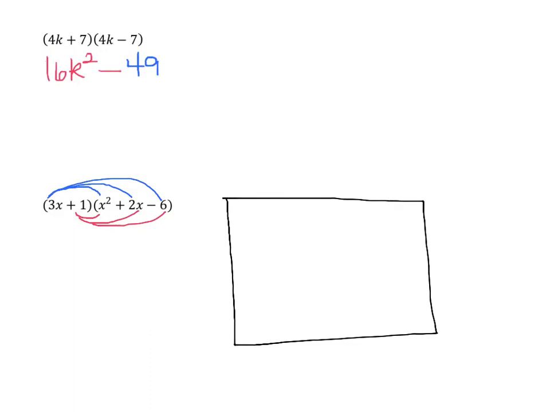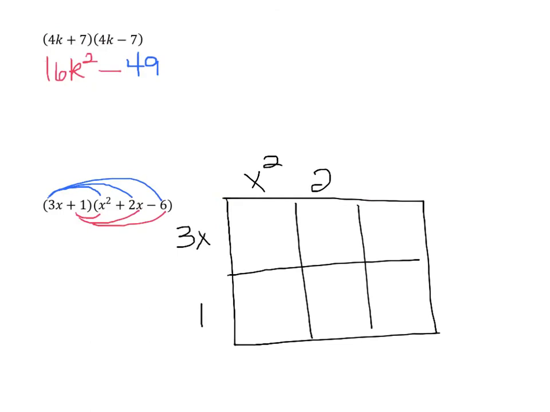I'm going to represent this polynomial vertically here, and that will be 3x plus 1. The second polynomial I will represent horizontally, and that is x squared plus 2x minus 6.